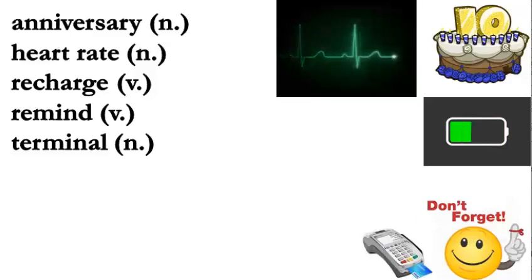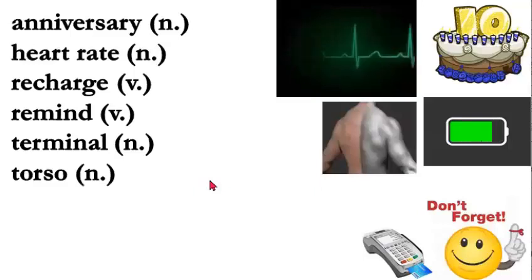If you use the KNet to pay for things, the KNet device is a terminal. If you enter information using a keyboard for any device, this keyboard is a terminal. Okay, repeat after me. It's a terminal.